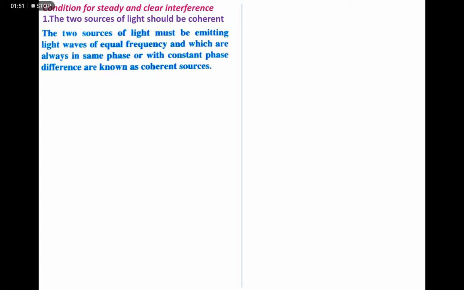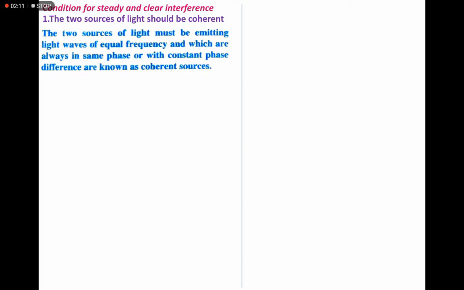We know that if the two sources originate from a single source of light, the waves emitted from the sources are equal in amplitude, period and frequency, and even in the same phase.